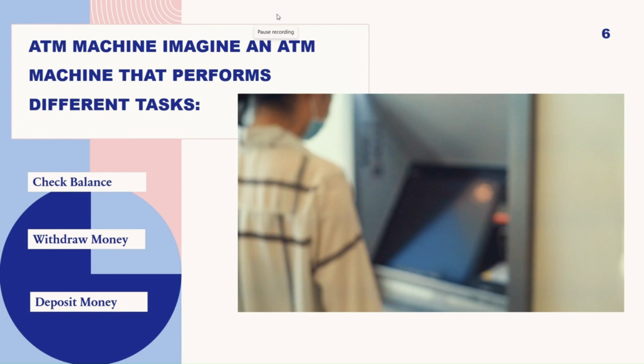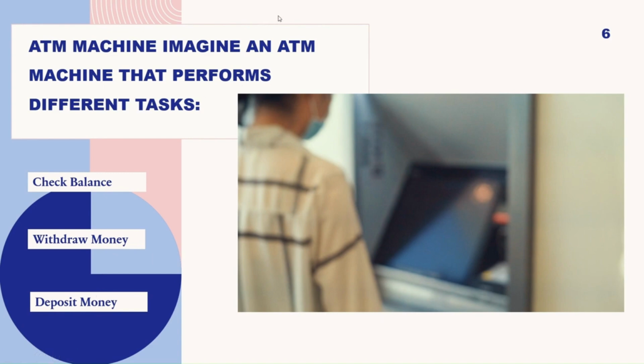So what you need to do is go to the ATM. So let's go to the ATM. After going to the ATM, first you swipe your ATM card in the ATM machine. After that, you will get some functionality or interface like check balance, withdraw money, and deposit money.